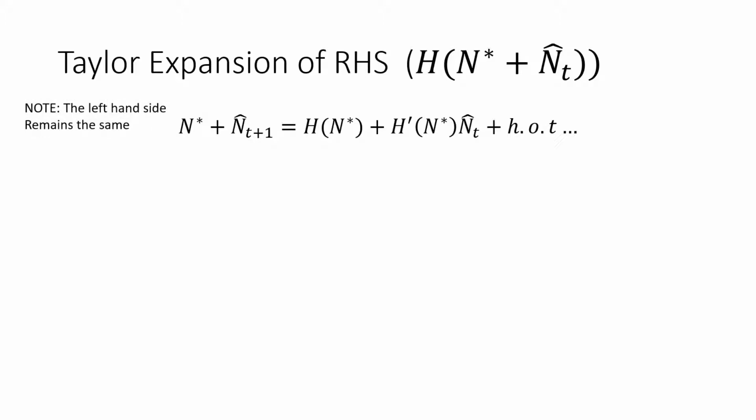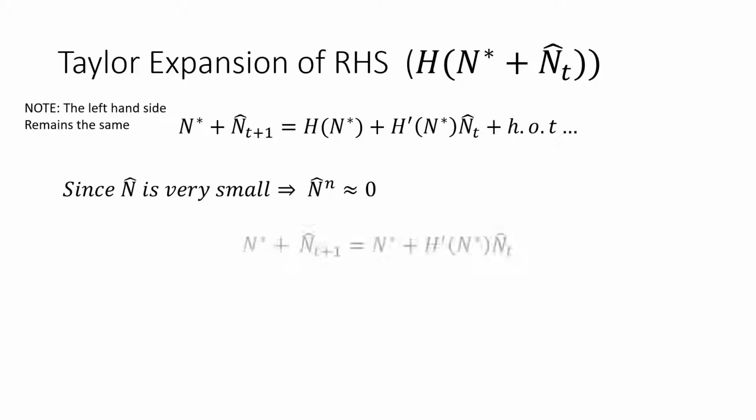Now, noting that n hat t is very small, to increase the power of n hat t, we'll make it even smaller, to the point of being negligible for this approximation. Since h of n star is equal to n star, as given by the definition of a fixed point, this expansion simplifies down to n star plus n hat t+1 is equal to n star plus h prime(n star) n hat t.